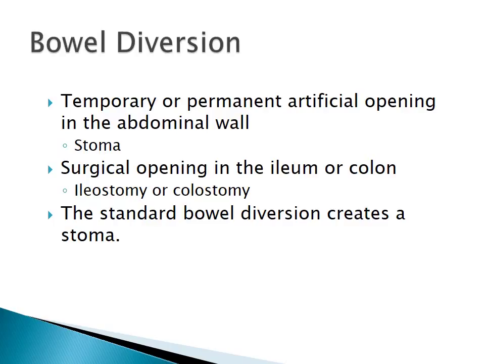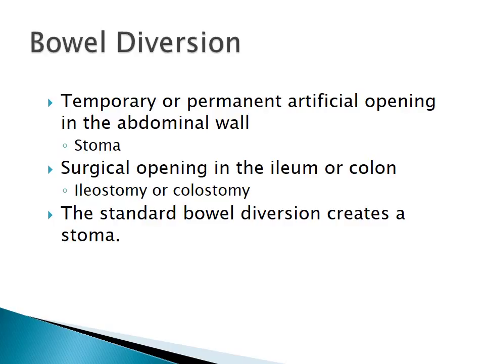Now we're switching gears to bowel diversions. With bowel diversions, they can either be temporary or permanent. We know that is an opening to the outside of the abdominal wall, which will form into what we call a stoma. So a stoma is surgically made, and it can either be an ileostomy or a colostomy, and it all depends on where the opening is made.